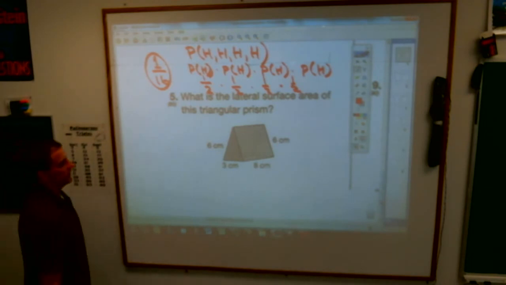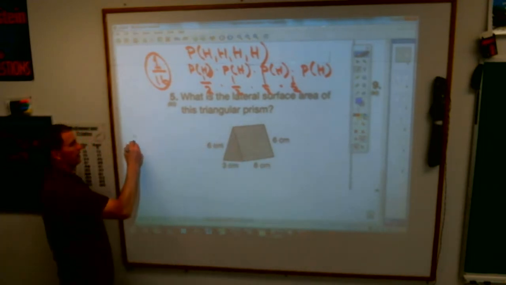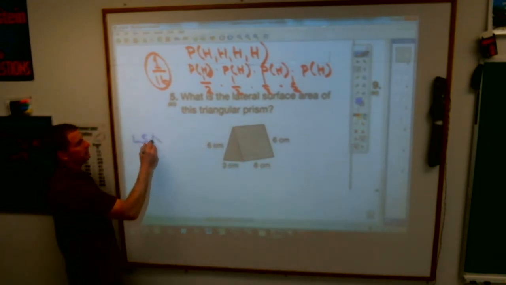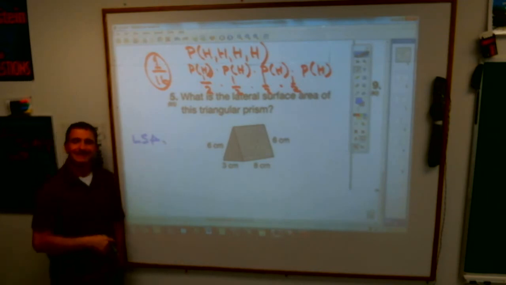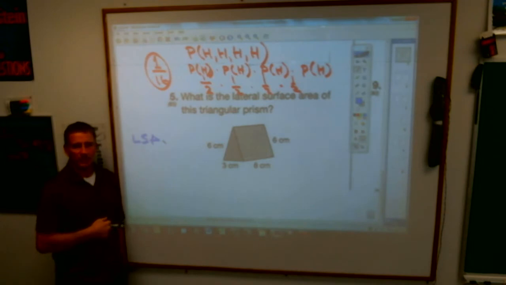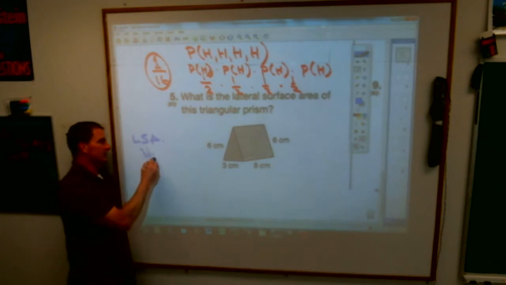Number 5, what is the lateral surface area of that? LSA is the surface area of the shape minus what? What doesn't get counted in on lateral surface area, Isabel? The bases. Yeah, you're not finding the area of the bases.